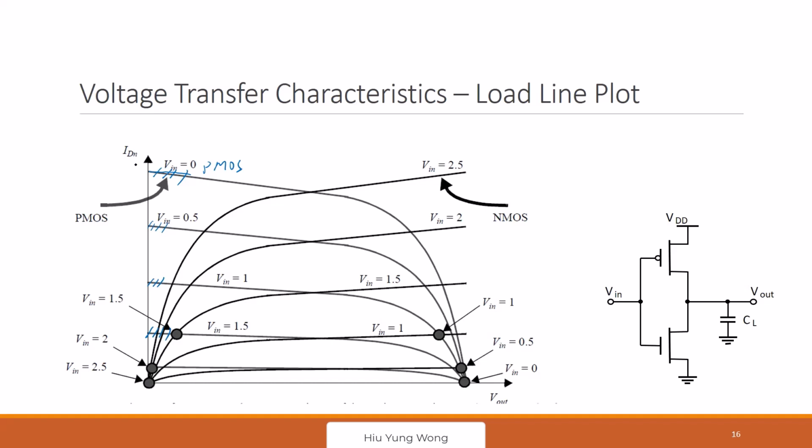The V out needs to be the same, the IDS needs to be the same. So the crossover will be the solution. At the crossover, you also make sure that they have the same Vin. For example, let's take an example. This graph, this blue line, is NMOS with Vin equal to 1.